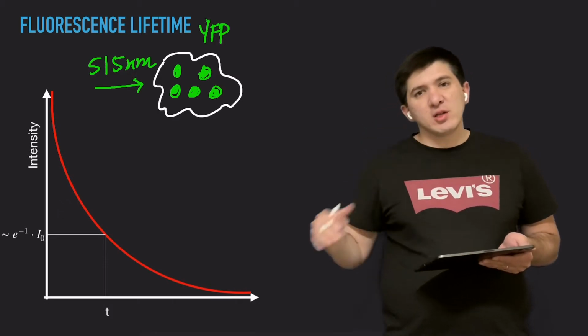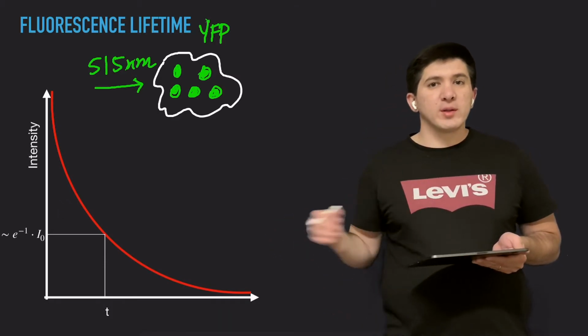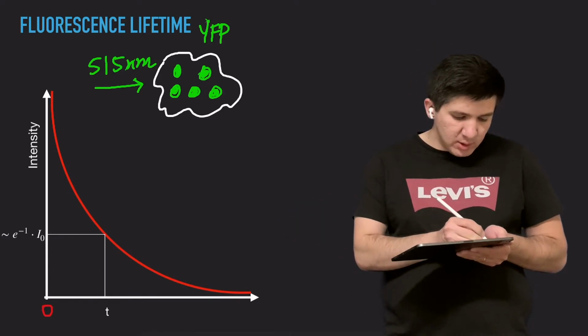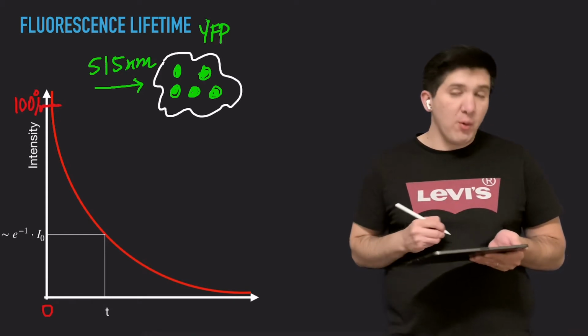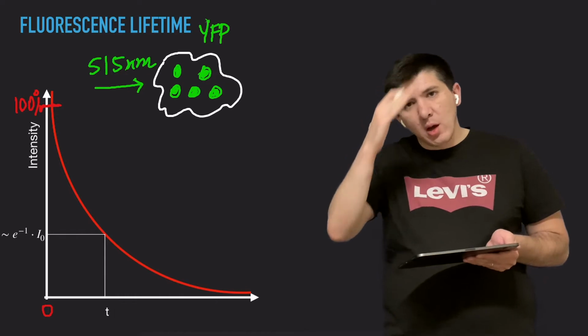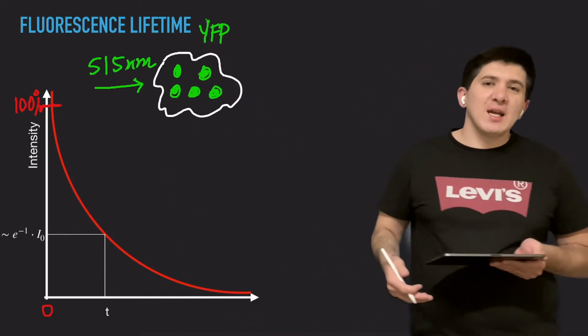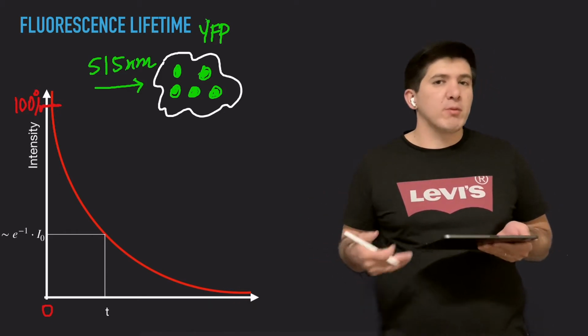Okay, and then I'm going to just track the number of the excited fluorophores over the time. At the time equal to 0 here, the number of the excited fluorophores is going to be 100% or equal to 1. As time is going on, the number of the excited fluorophores is going to decrease, right? So they're going to relax.